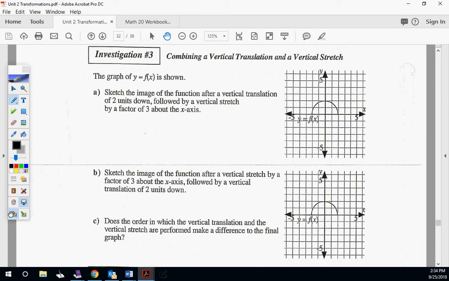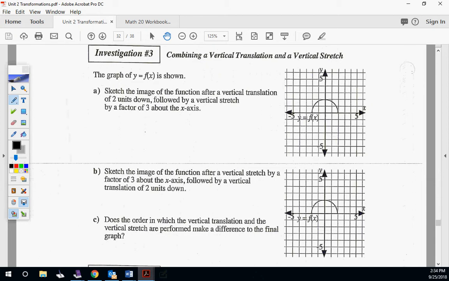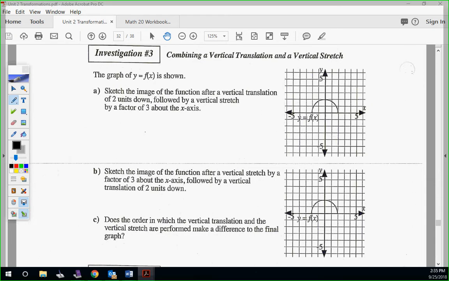Let's check out combining vertical translation and a vertical stretch. Sketch the image of the function after vertical translation 2 units down. So I'm going 2 units down, so it's there, it's there, it's there. I was taking those main points, the y and the x-intercepts.